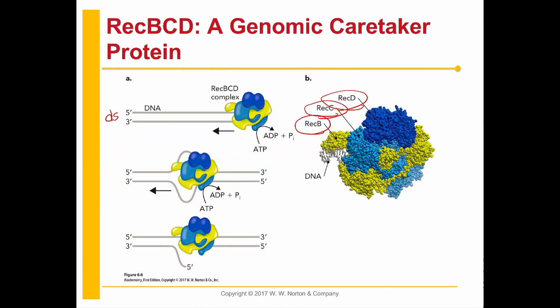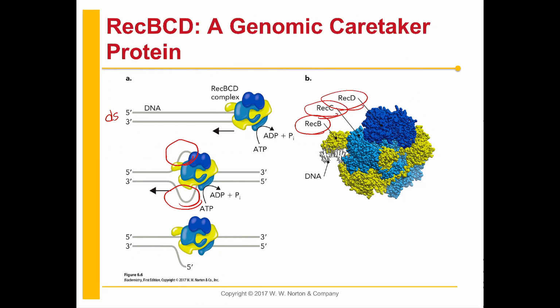And what it actually functions to do is to unwind the DNA, and we start to end up with single-stranded pieces. It helps to do this with an ATP-dependent helicase function, right? So this is actually helping to separate the DNA. So it's a helicase. And now we have single-stranded DNA sites that are exposed.